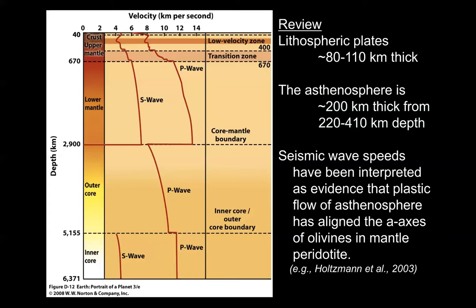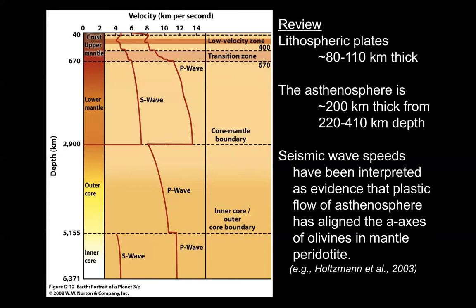We'll come back to the low velocity zone in a moment, but I'd like you to note that the asthenospheric mantle, which is very important, is about 200 kilometers thick and stretches from the low velocity zone to the uppermost boundary of what's called the mantle transition zone. The mantle transition zone will be the topic of our next video.